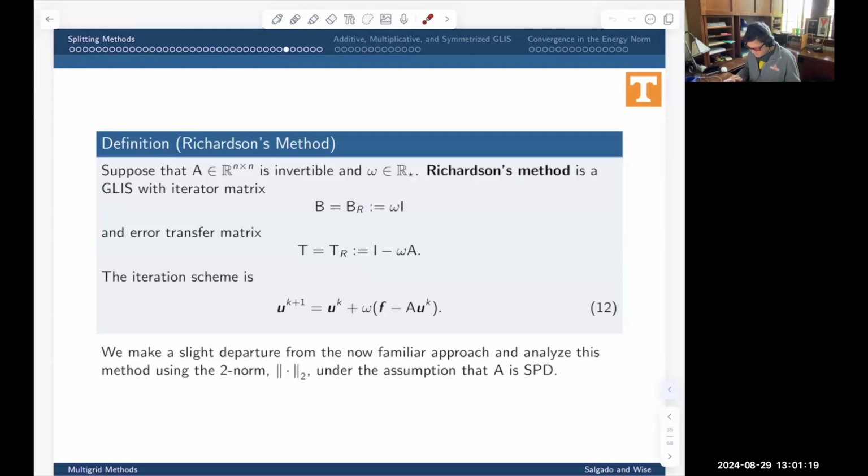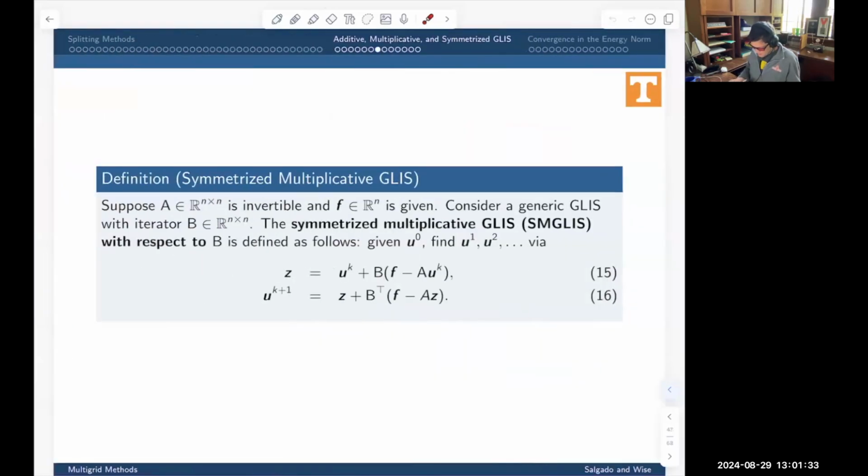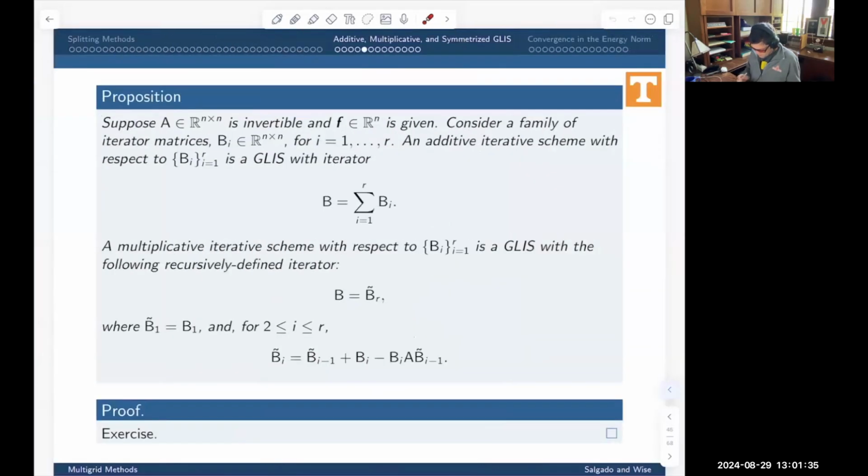The second error that I thought I had made was in the identification of the general iterator matrix for the multiplicative scheme. And so we were talking about this guy, and it turns out that's completely correct. Or at least it corresponds to what we give later.